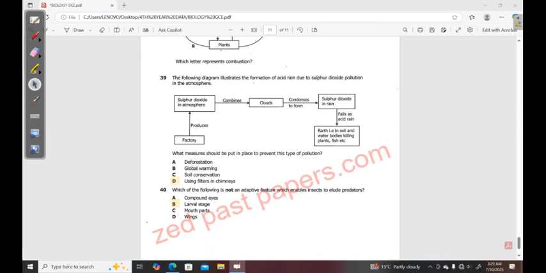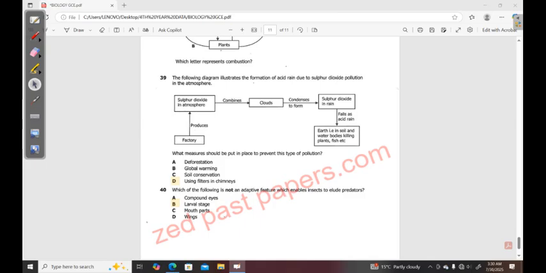39. The following diagram illustrates the formation of acid rain due to sulfur dioxide pollution in the atmosphere. So this is the flow chart that you're able to see. What measures should be put in place to prevent this type of pollution? A, deforestation. That won't help. B, global warming. Global warming will be an end result after you do deforestation.